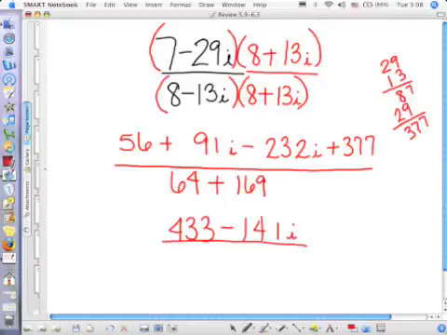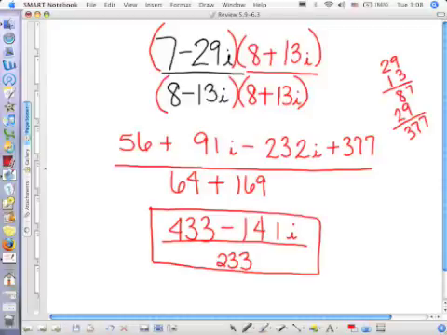And in the denominator, adding my like terms, I have 233. The answer was 433 minus 141i divided by 233.